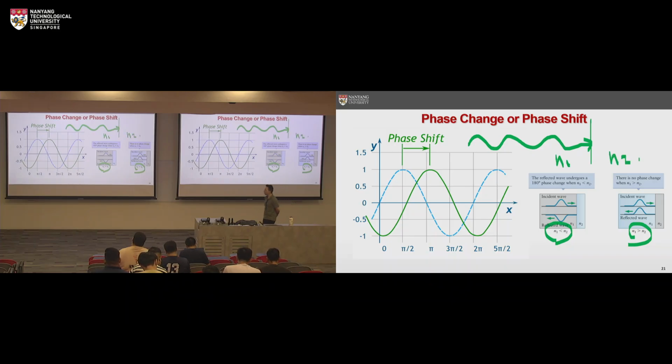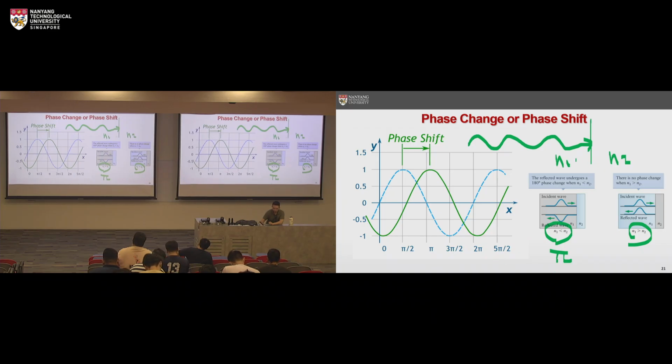If your light travels and bumps into a material with a higher refractive index, it forms an obstacle that changes your phase. Your reflected wave will have a certain amount of shift compared to your original light. So in this case, if n1 is smaller than n2, your reflected wave will experience a phase change of pi.